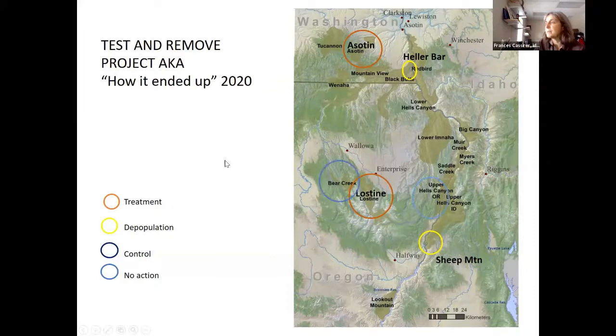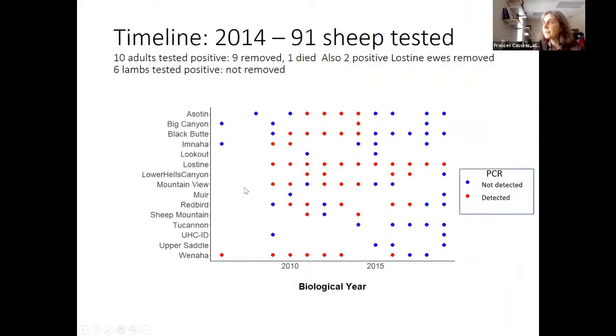So we have done intensive testing in 6 populations and tested all the other populations, except for 2 that are really hard to get to, and there aren't very many sheep: Upper Hells Canyon and Bear Creek. In Bear Creek there are actually a good number of sheep. We have limited testing from Bear Creek, and it seems to be negative, but we haven't found a way to logistically test them.